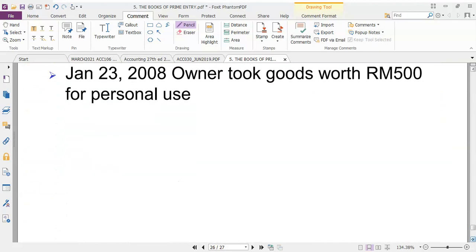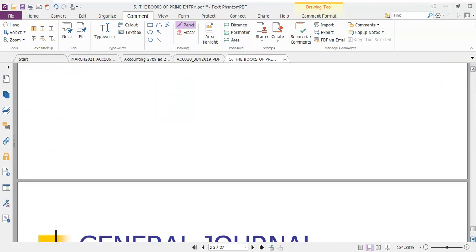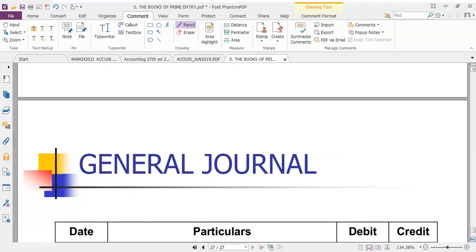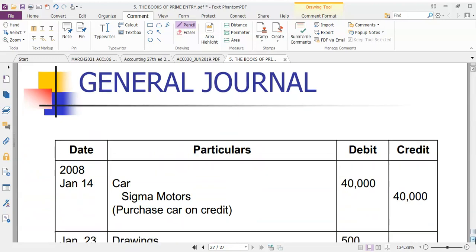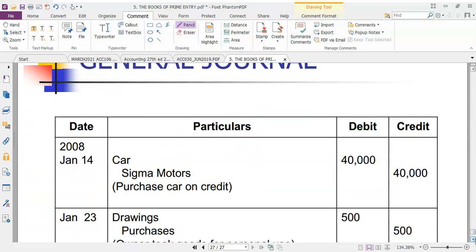All the journals that we already discussed. This is the format for the general journal. You must put the date in the first column, the second column is particulars, the third column is the debit side, and the fourth column is the credit side.